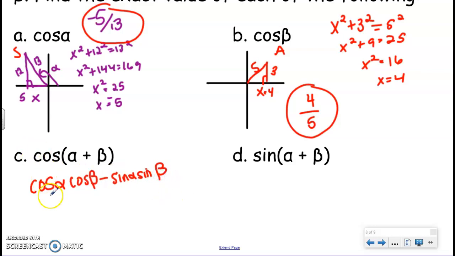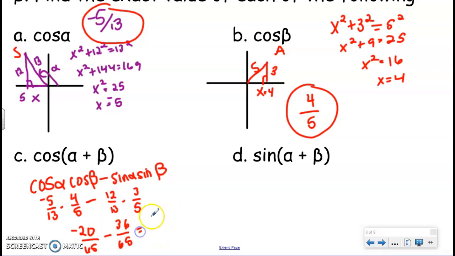And we actually found all those. So cosine of alpha is negative 5/13. Cosine of beta is 4/5. Sine of alpha was 12/13. And sine of beta was 3/5. And we can actually simplify that. So negative 20 over 65 minus 36 over 65 gives us negative 56 over 65.